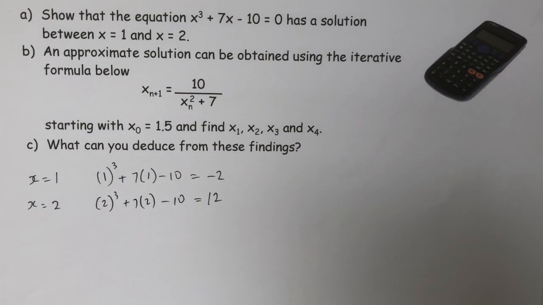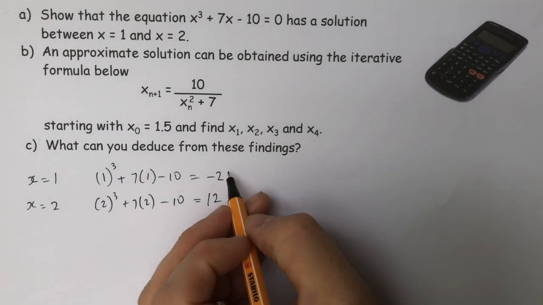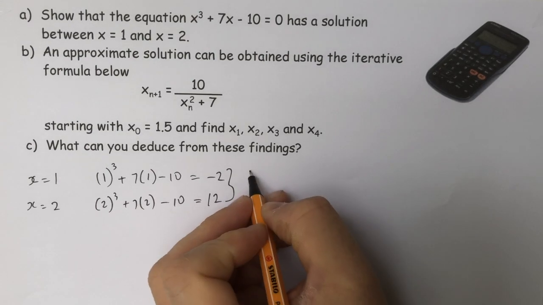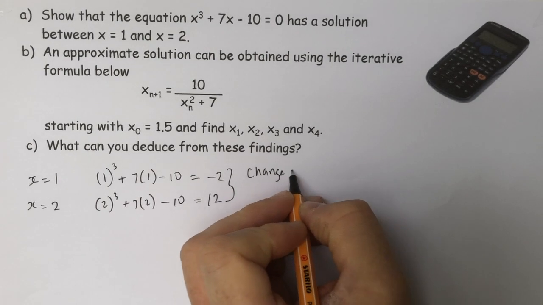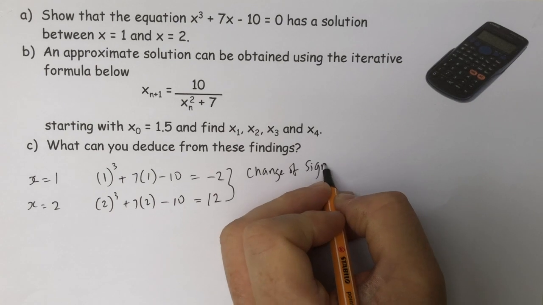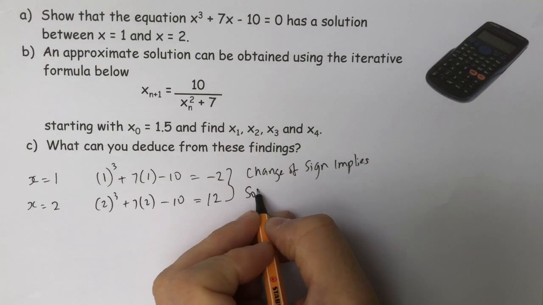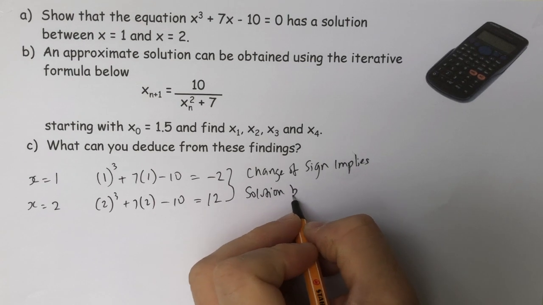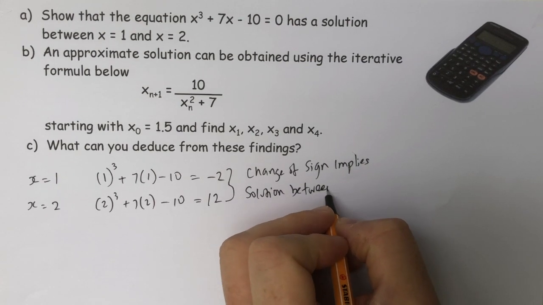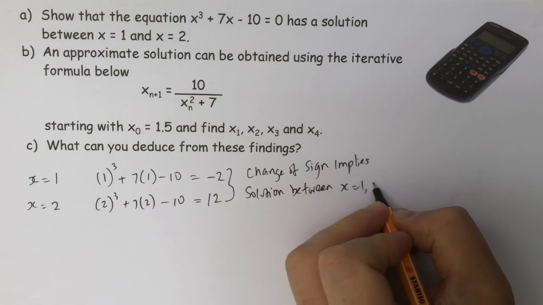That therefore determines the fact that there is a solution between x equals 1 and x equals 2. The reason is there's a change of sign. So change of sign implies solution between x equals 1 and x equals 2.